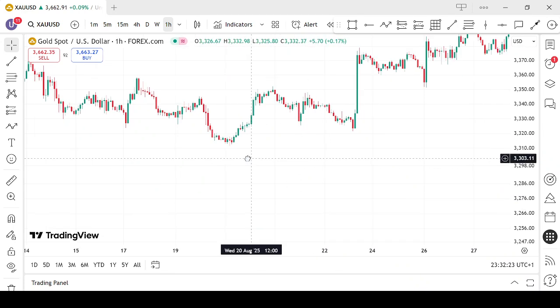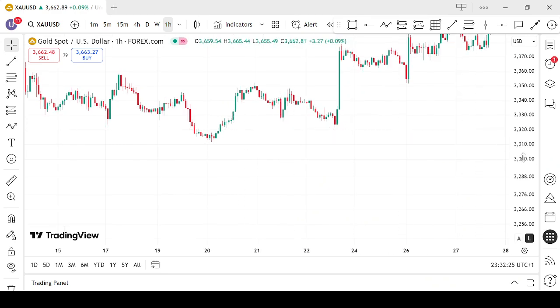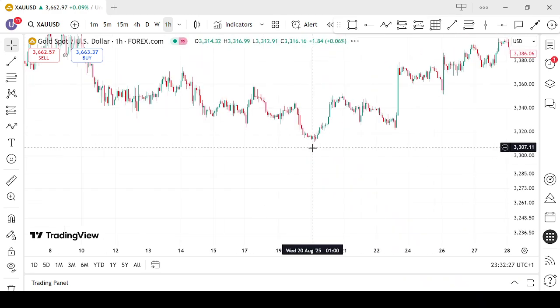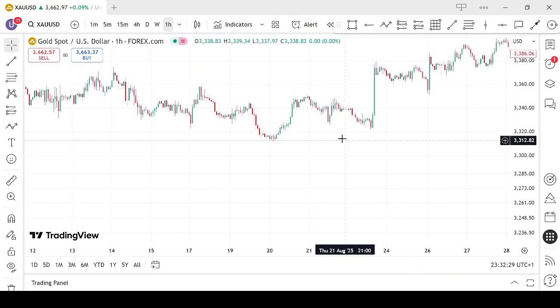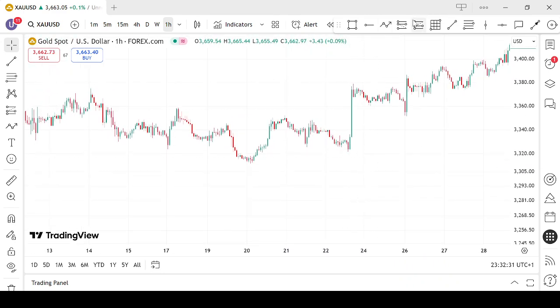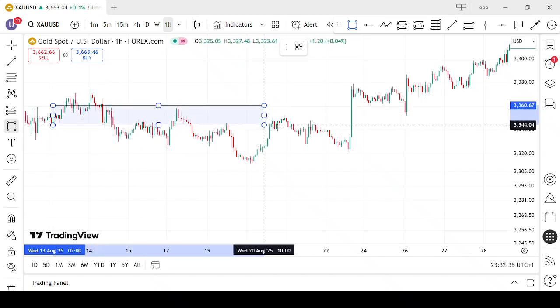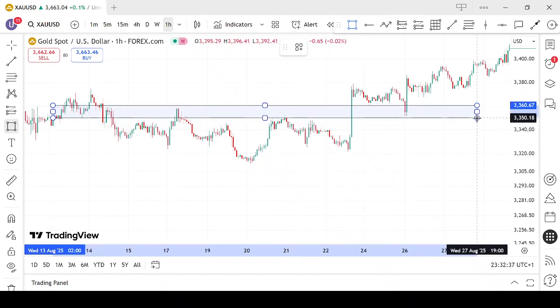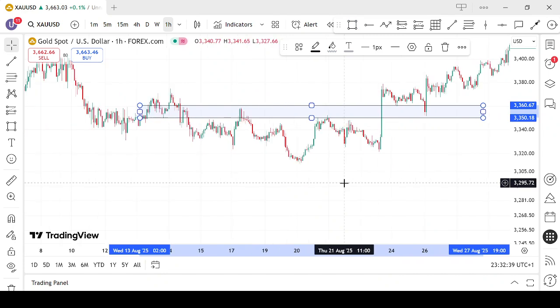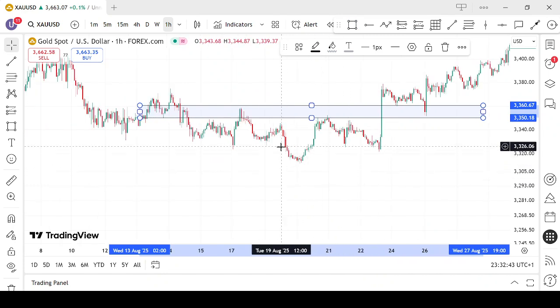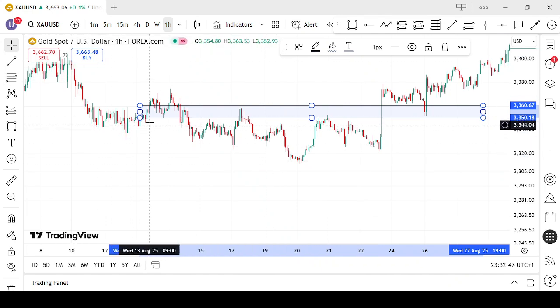These are price zones where gold historically slowed down or reversed. Those are areas where you expect gold to react from. Now you can also use moving averages like your 50-day and 200-day moving average.